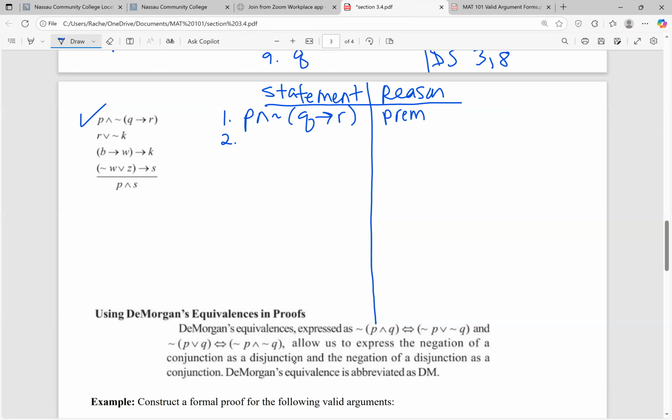It's okay to have an extra statement in there, even if you end up not using it. We could say that P is true because of the conjunctive simplification of statement 1. And we could also say not Q implies R is also true because of the conjunctive simplification for statement 1.